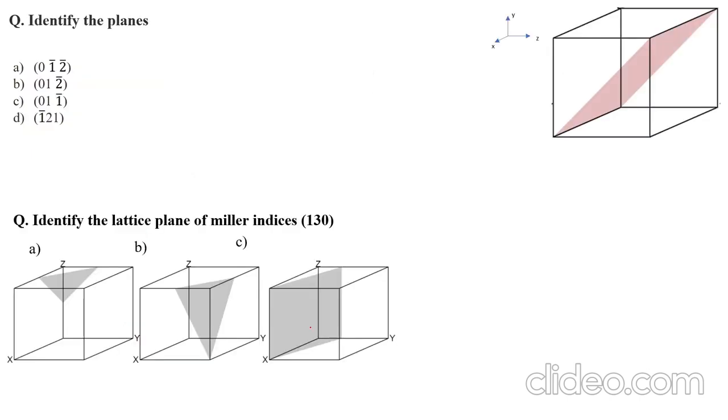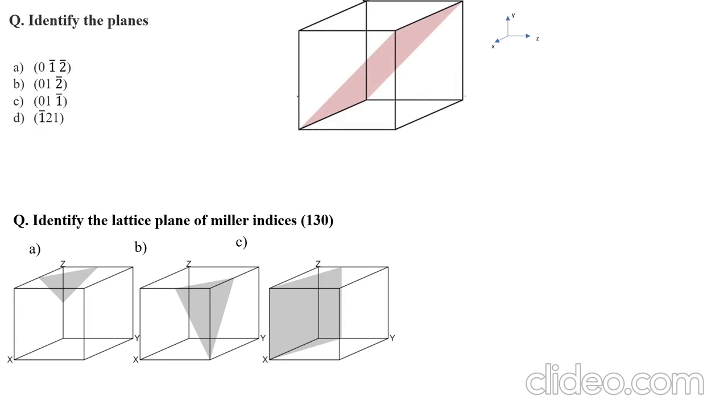Next, we have this plane, which starts from this edge and goes to this edge, and you have to index the plane. Remember, whenever you are indexing a plane in a cubic cell, you should not choose an origin that contains the plane.